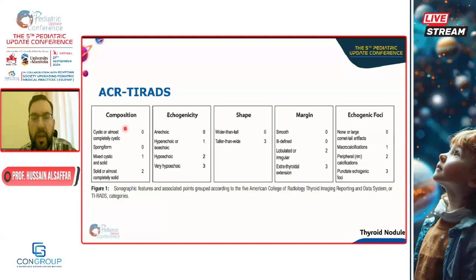All of them are based on ultrasound findings, and they gave a score for each of those. Based on the scores, you get the total score, and that will be classified into categories to help in deciding whether this patient needs to go for fine needle aspiration biopsy or not.